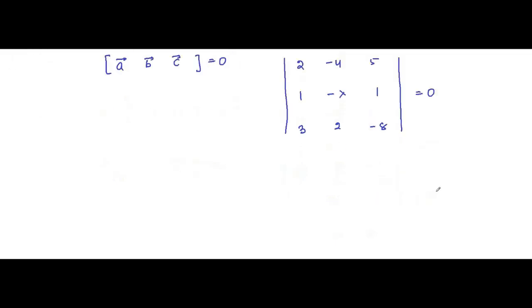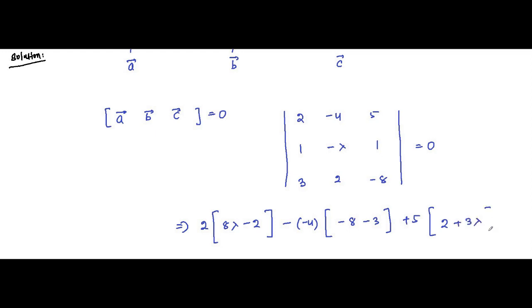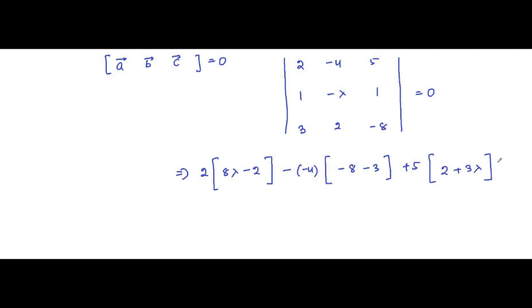Here there is no 0, so we'll go by the first row. It is 2 into minus lambda into minus 8, which is 8 lambda, minus 2 into 1 2, then minus of minus 4 into minus 8 minus 3, then plus 5 into 2 minus of minus 3 lambda, which is 2 plus 3 lambda. That is equal to 0.